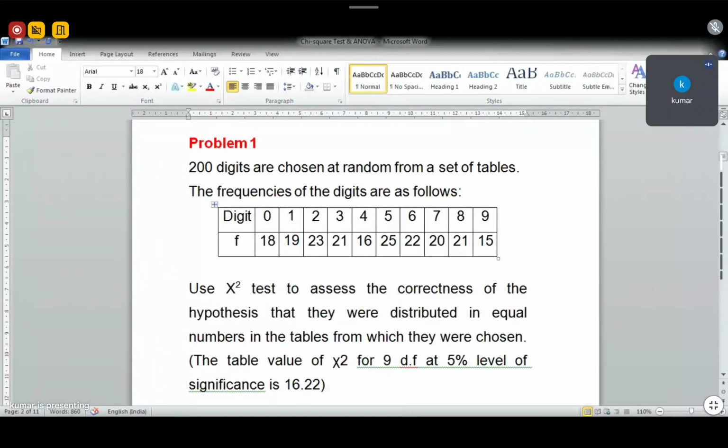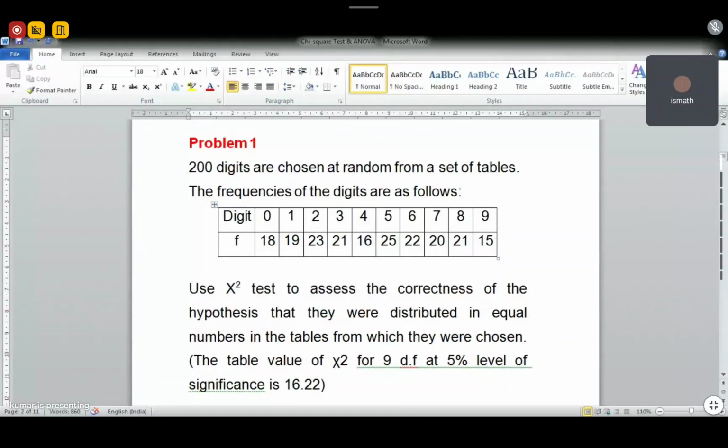Then conclusion can be made. So 4 values are given, you find out the expected frequency by using the same method as we did in the previous problem. Here also table value is 3.84, that is given in the problem itself. That's how in the question paper also the value will always be given. Okay?